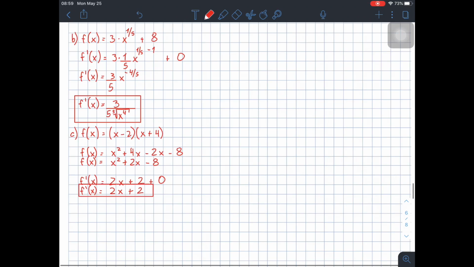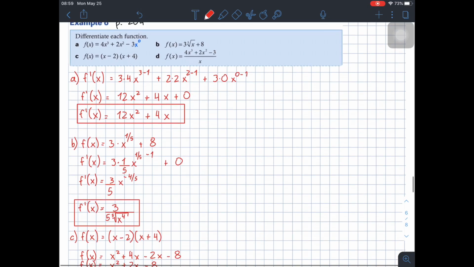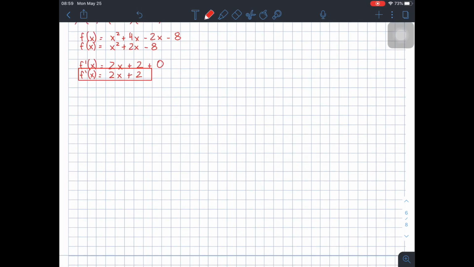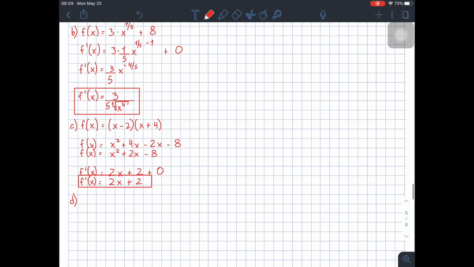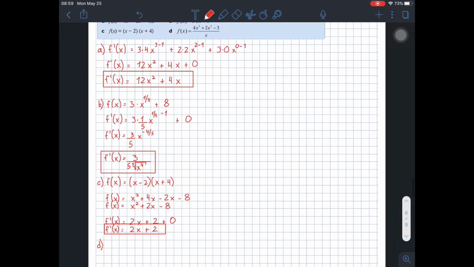Okay? Finally, if we go to exercise D, let me copy the function first. It says f of x equals 4x cubed plus 2x squared minus 3, divided by x.